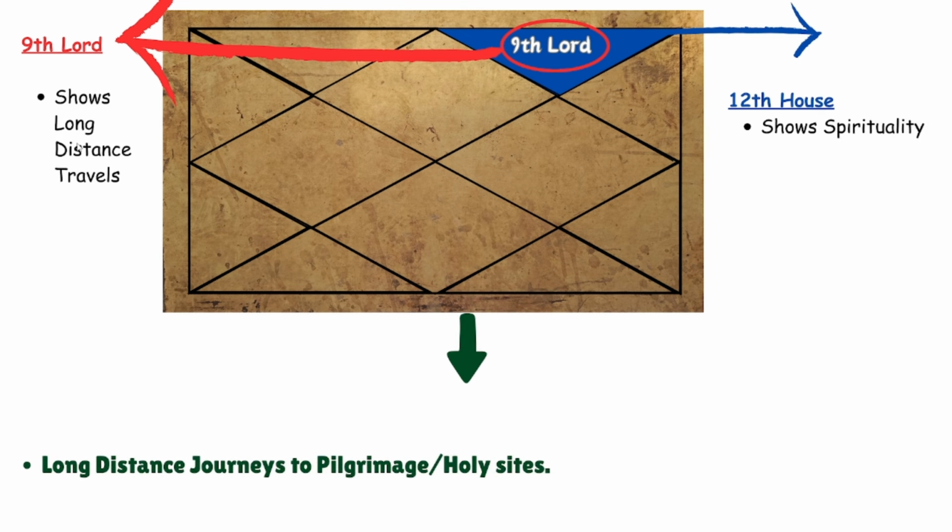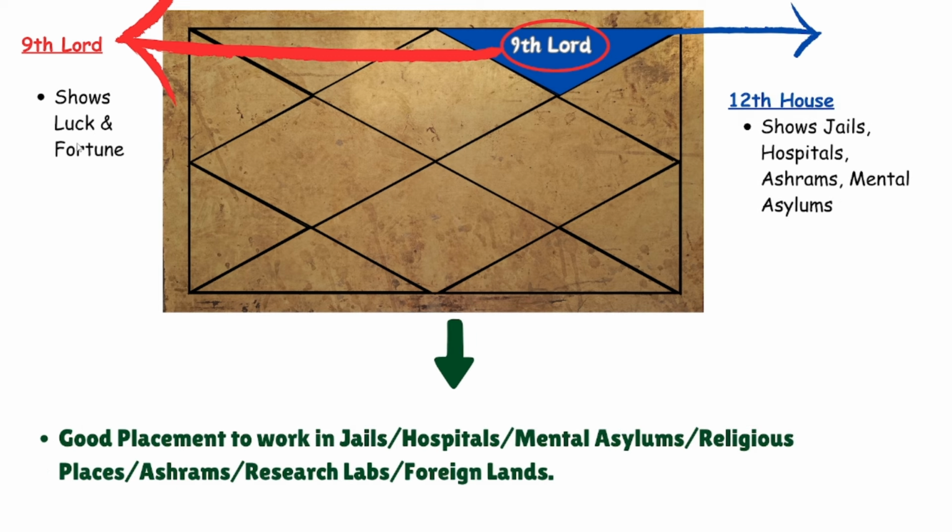Now, ninth lord shows long distance travels, and 12th house is the house of spirituality. So, it is good to go to the pilgrimages and the holy sites. Okay, this is going to enhance your luck and fortune. Ninth lord shows luck and fortune, and 12th house shows jails, hospitals, ashrams, mental asylums.